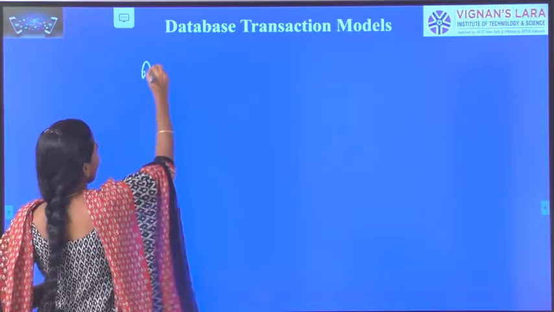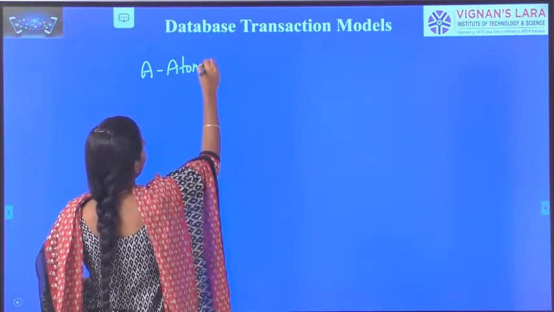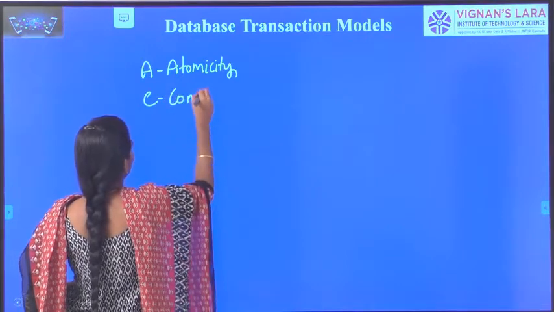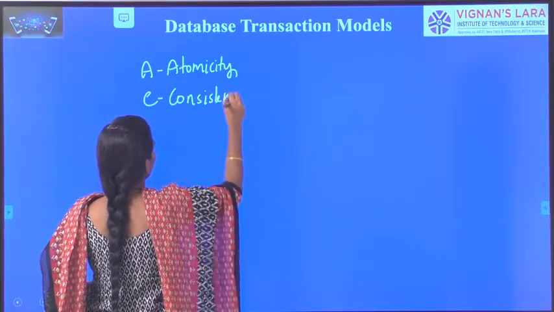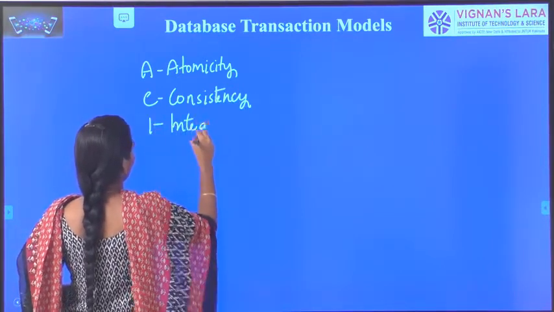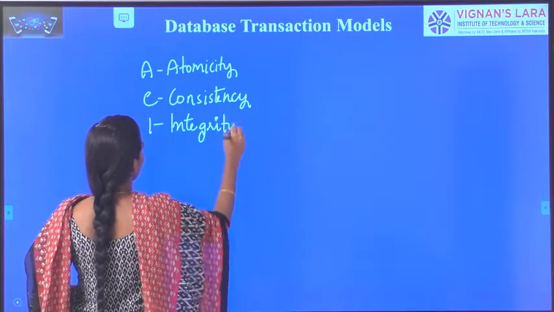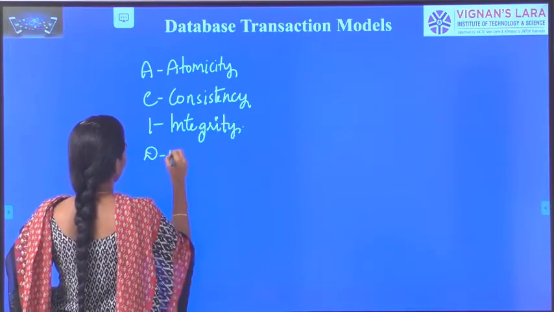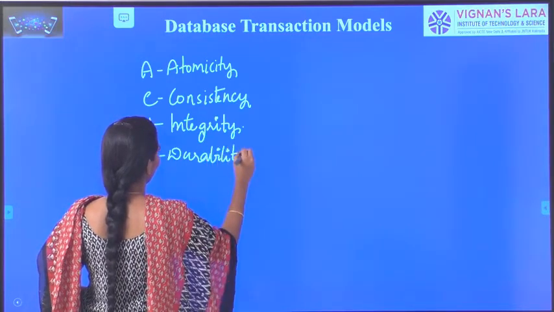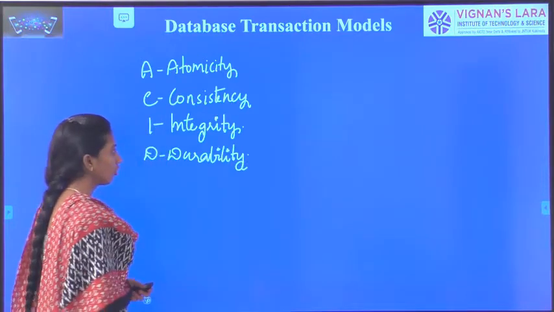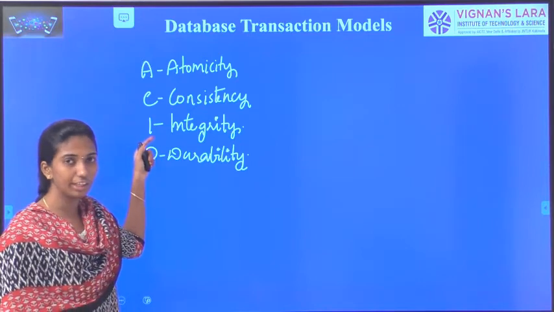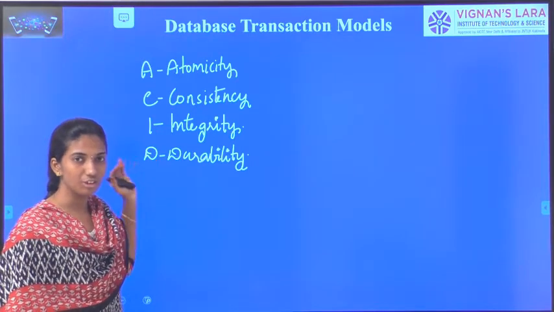So first one is A for atomicity, C for consistency, I for integrity and D for durability, right? So we shall discuss this one by one.